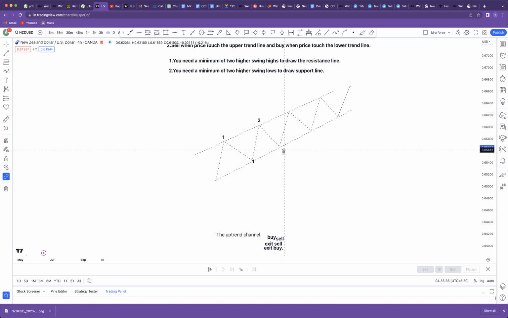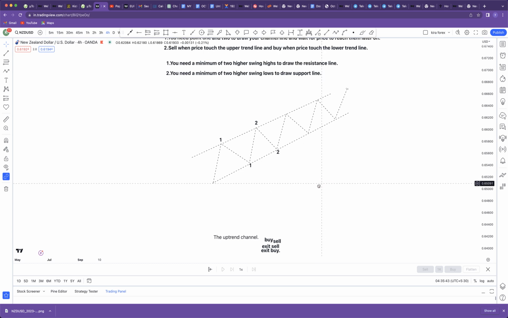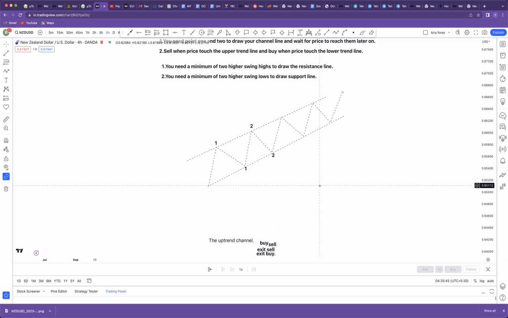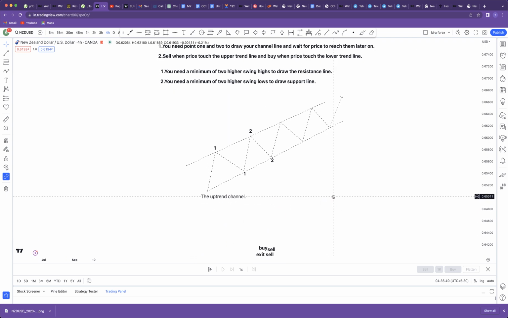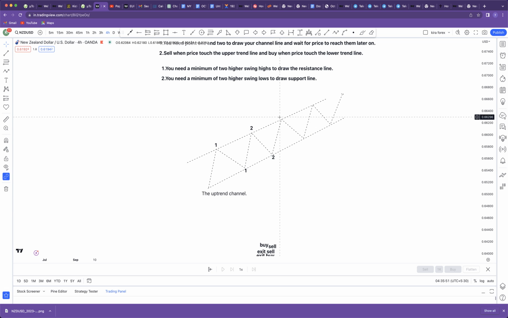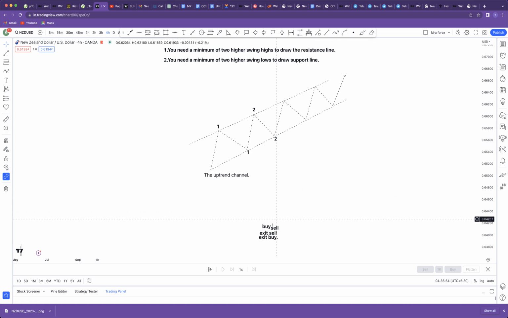So you need point 1 and 2 on the resistance level, and then you also need 1 and 2 on the support level. Now after getting your point 1 and point 2, the next thing you need to target is to buy from the support on point 3, and then sell from the resistance also on point 3.